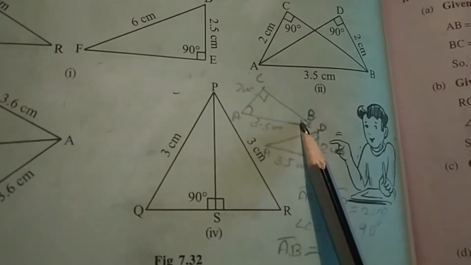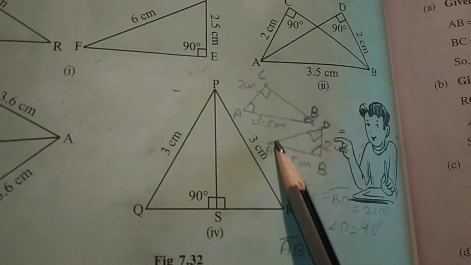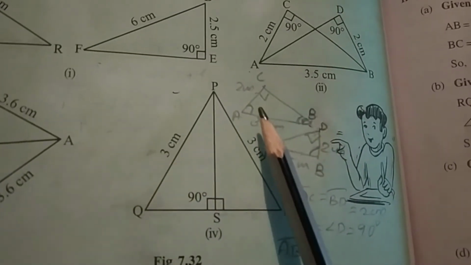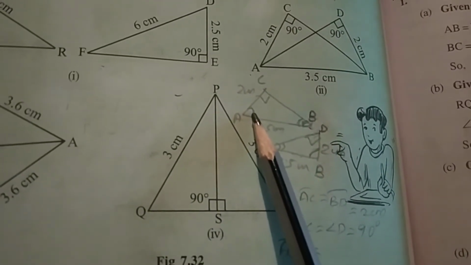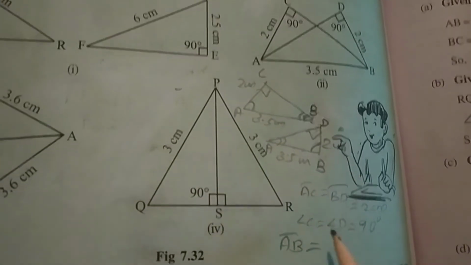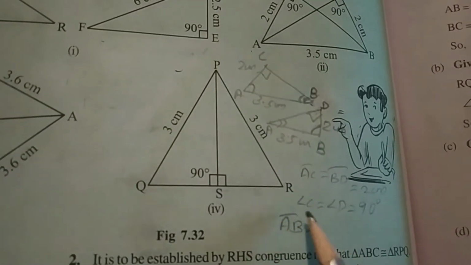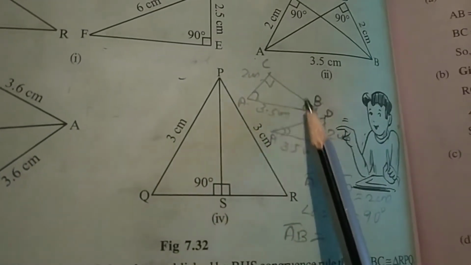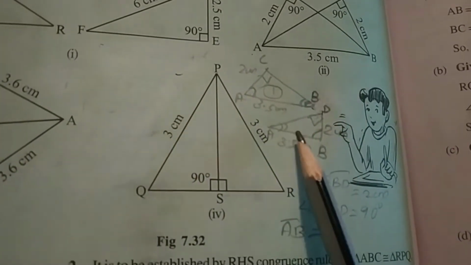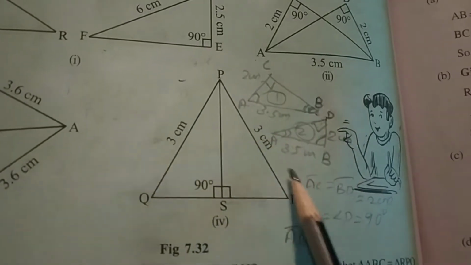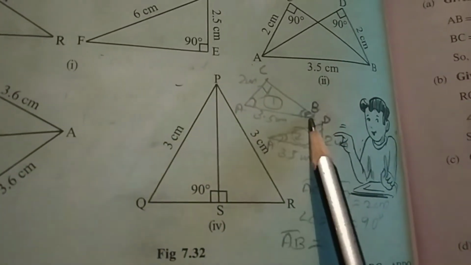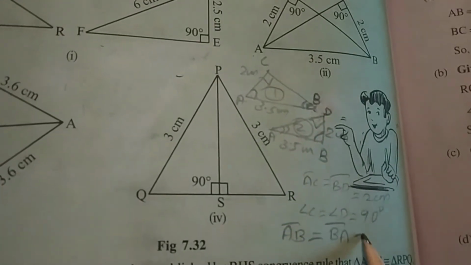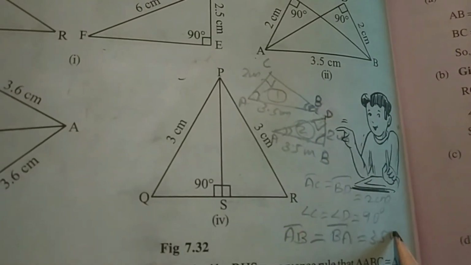And here we know there are two small acute angles. So here A and B are equal to each other. We can consider this one as the first triangle and this one as the second triangle. So AB will be equal to BA, that is equal to 3.5 centimeter.